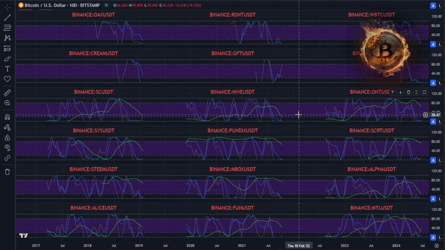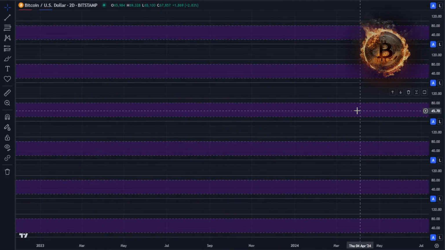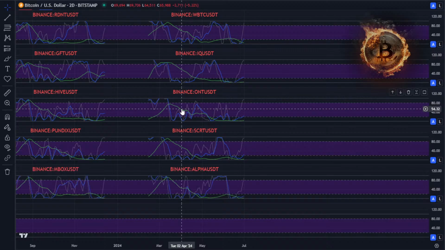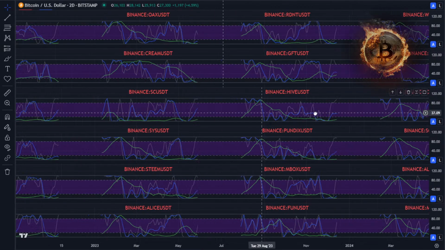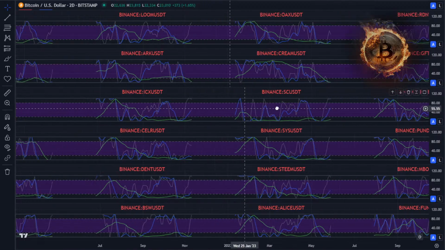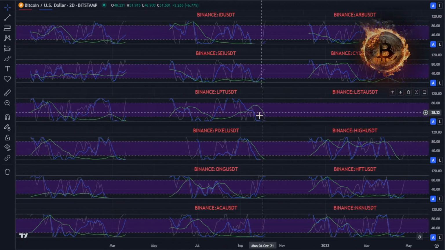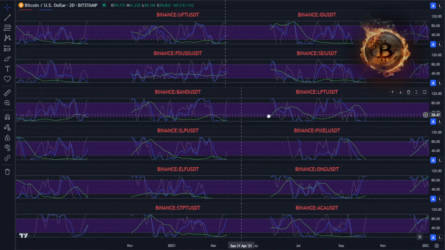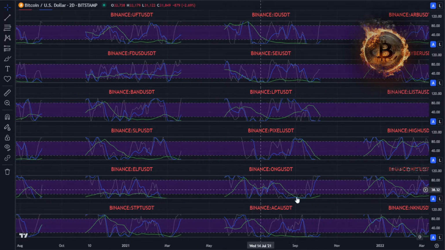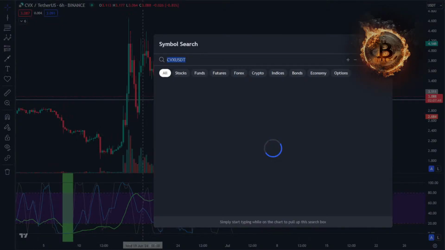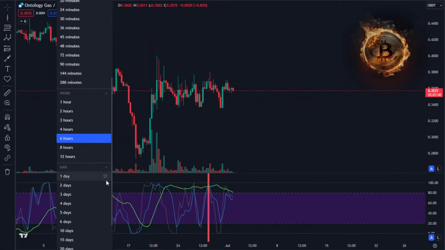So here what you can see is, let's go to the 2-day time frame, and you can see similar to what was before, so I'm not gonna be repeating it. We have enough trades to look at, unless I see something that's different. Let me just examine this ONG and take a look at the 2-day.